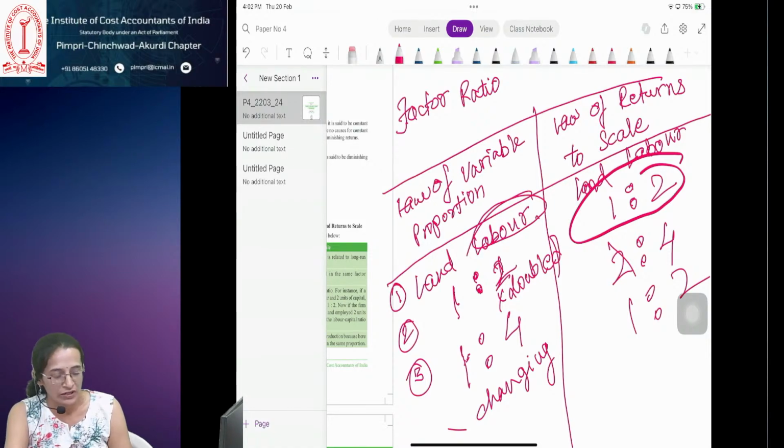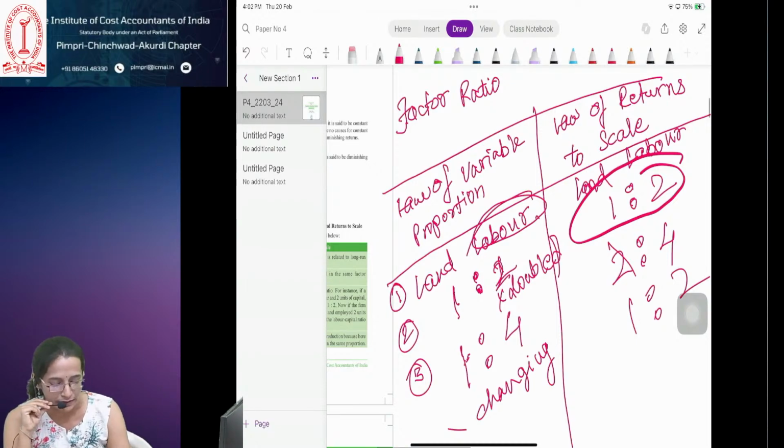So the previous ratio was 1:2, and now also the ratio is 1:2. So in the law of returns to scale, the factor ratio remains constant, and in the law of variable proportion, the factor ratio goes on changing. Factor ratio of what? The factor ratio of the inputs, right? Clear on these 4 differences?